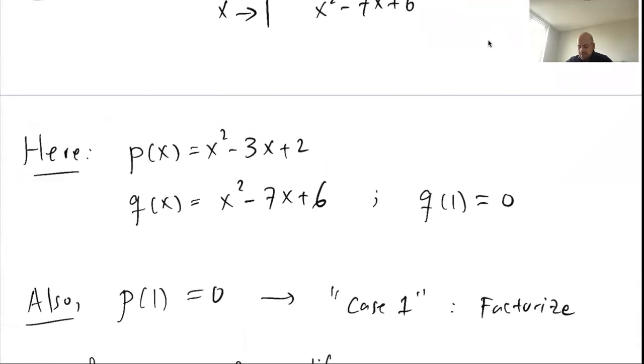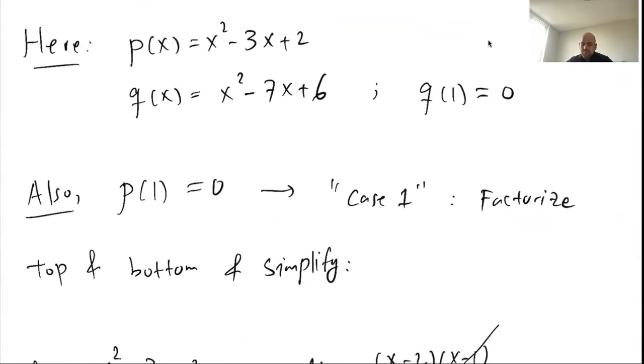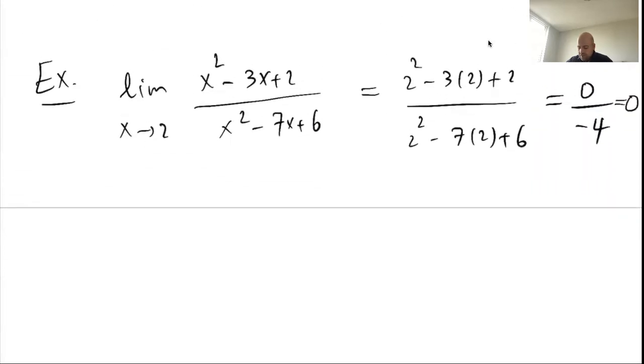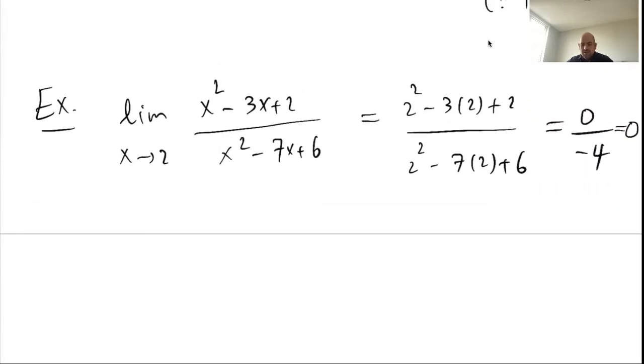Because when x approaches 1, the denominator at 1 was 0, we had to use the recipe that we mentioned in case 1, where if the denominator and numerator both are 0 at some point, we have to factorize. Now here, however, it's the same function, but x approaches 2. At 2, as you can see, the denominator is non-zero.